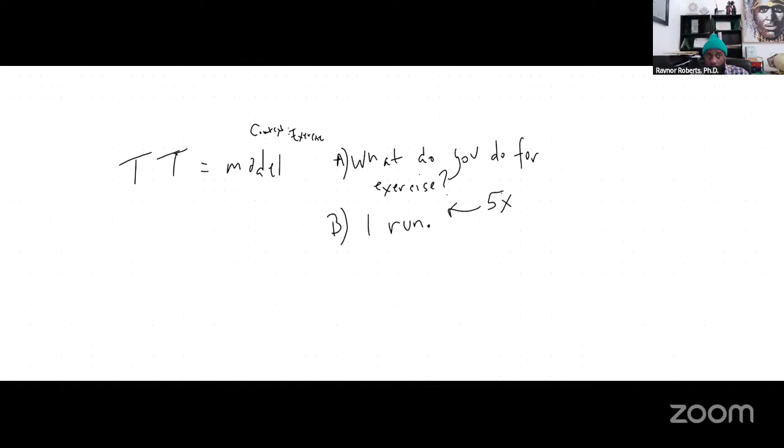Say, I don't know a lot of English, and my dad always takes me to McDonald's and orders in English. So next time I go with my dad to McDonald's, I'm able to place an order in English. The context there is ordering at a restaurant. Here, the context is exercise. What do you do for exercise?